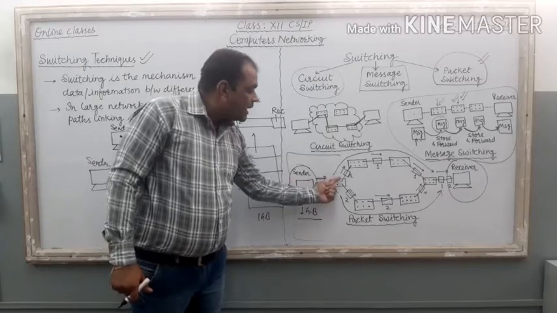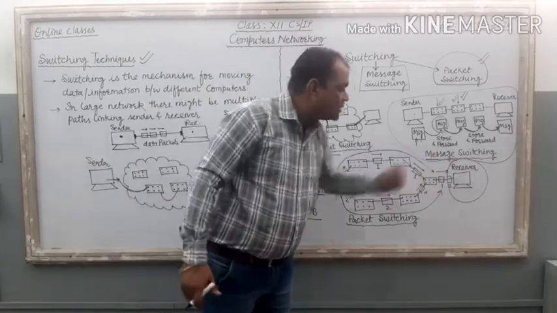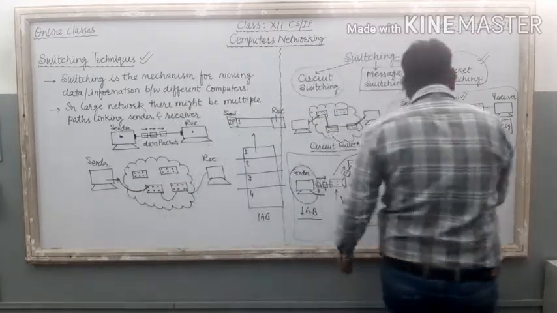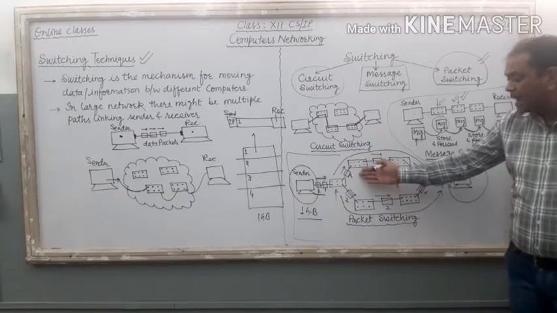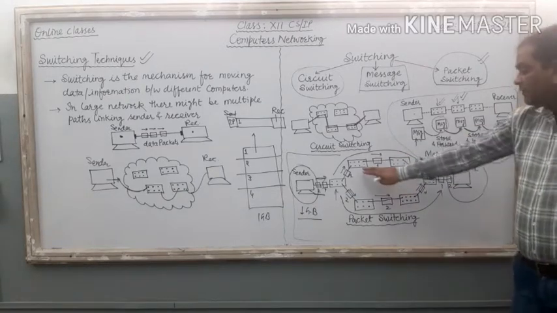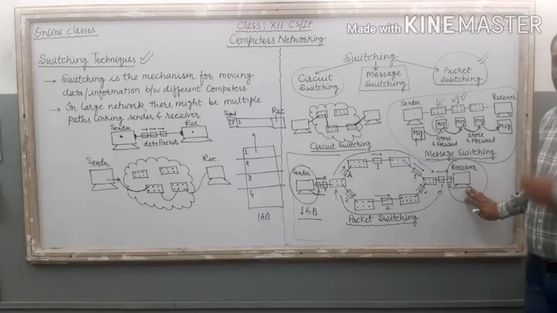Out of these 2 packets, 1 packet can use this particular way to reach towards the receiver. The second packet use this particular way to reach towards the receiver. These packets travel from different nodes, from here, and reach towards the receiving computer.